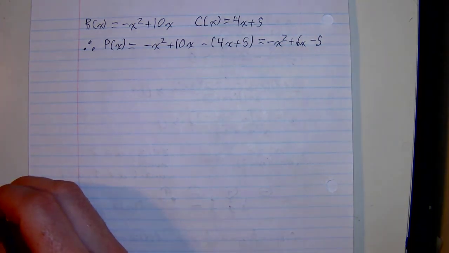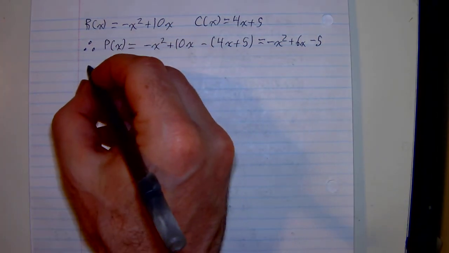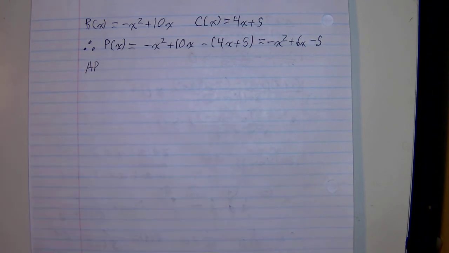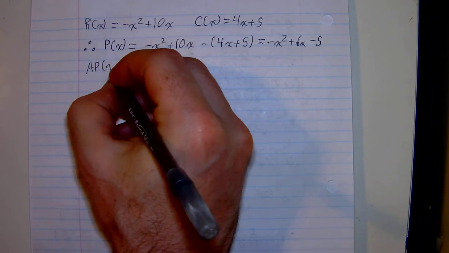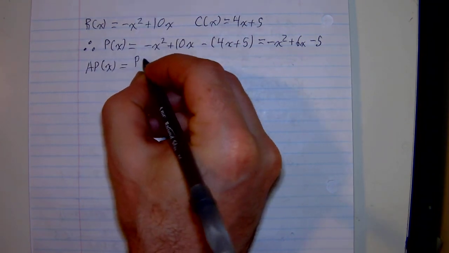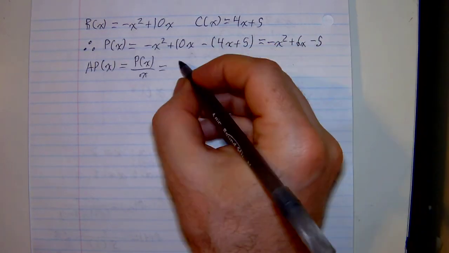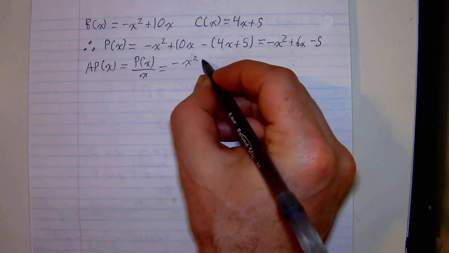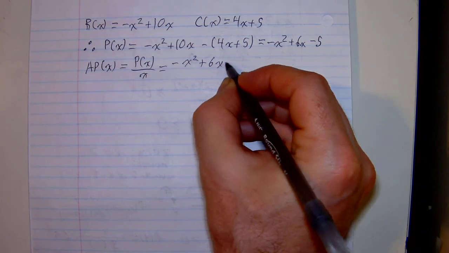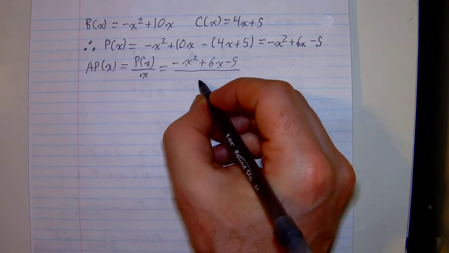And so then we're told that the average profit, which is the profit per snowboard, is AP of x equal P of x over x, which is -x squared plus 6x minus 5 over x.